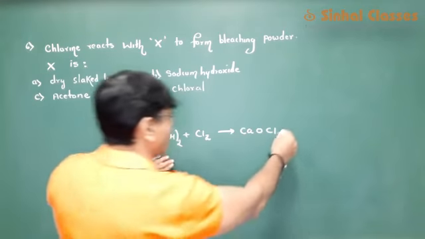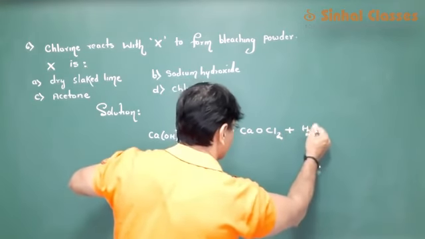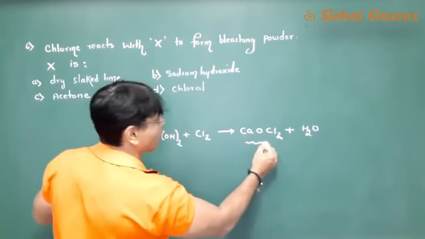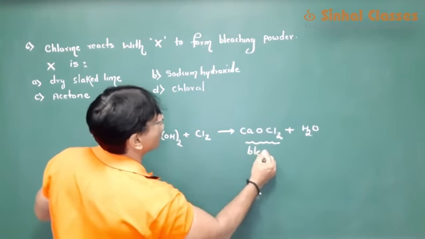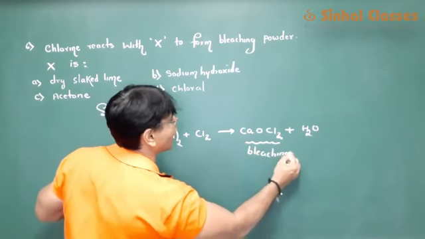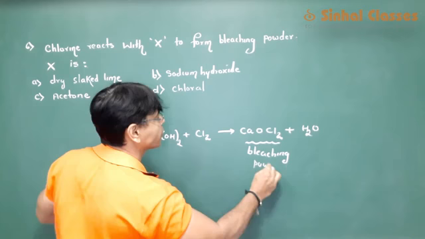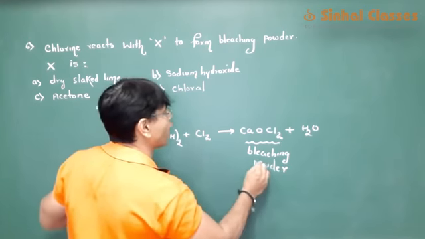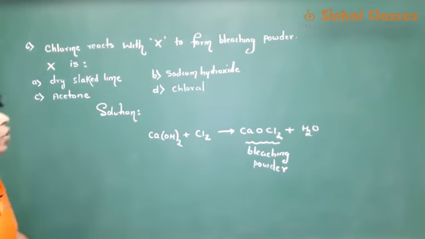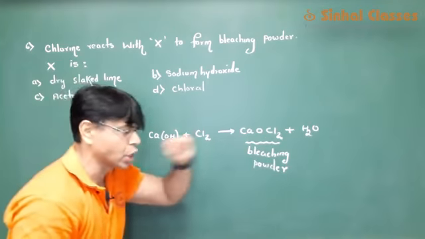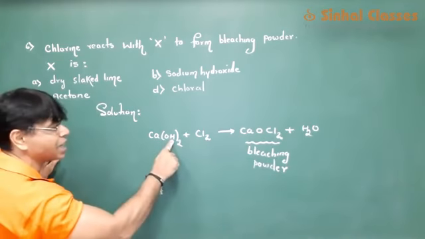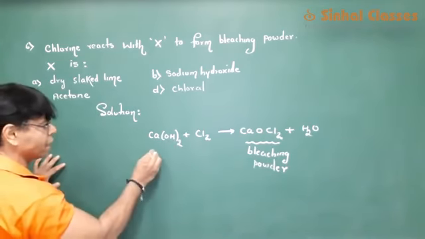CaOCl2 along with water. So bleaching powder is calcium oxychloride, and this is obtained from calcium hydroxide.